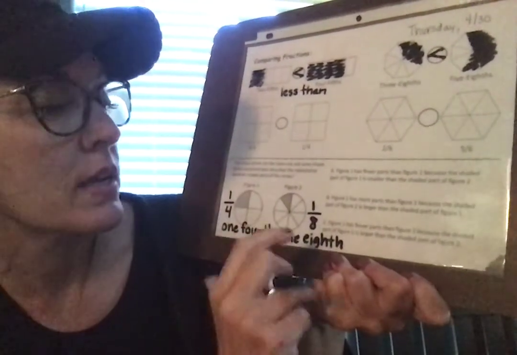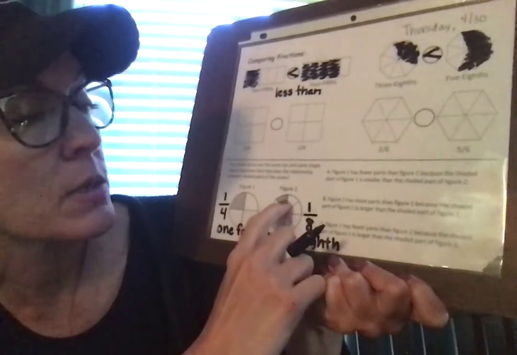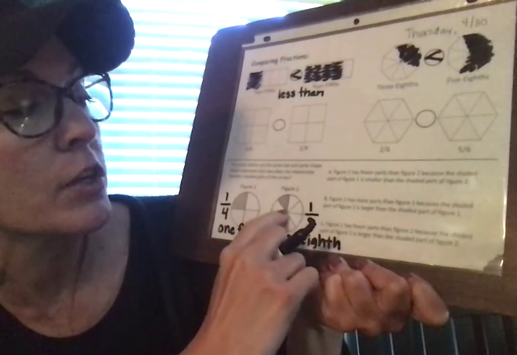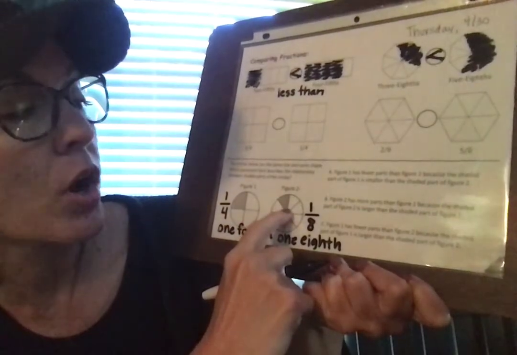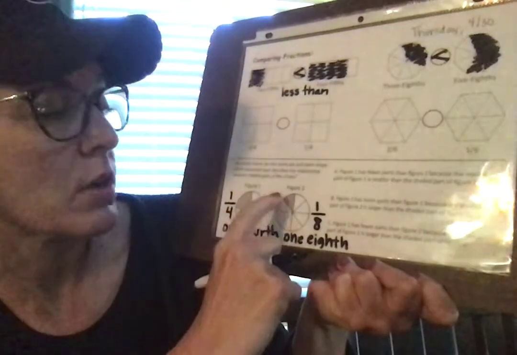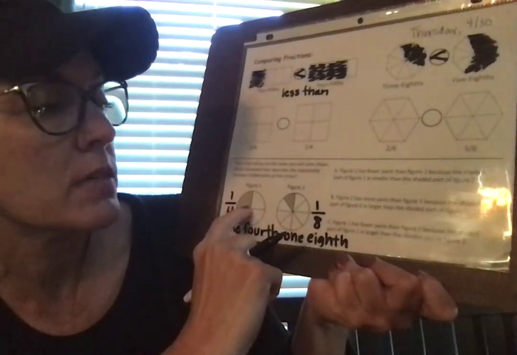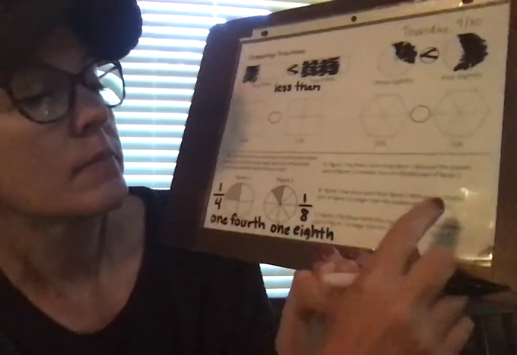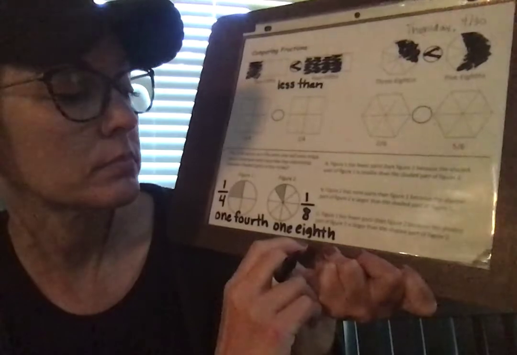And then answer choice B says figure 2 has more parts than figure 1 because the shaded part of figure 2 is larger than the shaded part of figure 1. So ask yourself, is the shaded part larger in figure 2 than it is in figure 1? When you determine it, write true or not true out to the side.